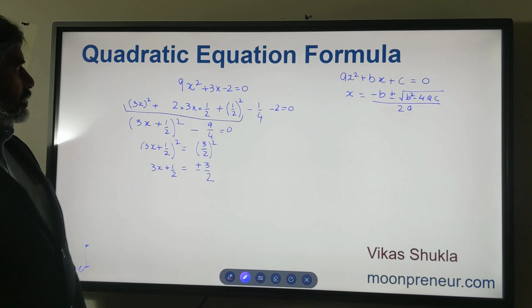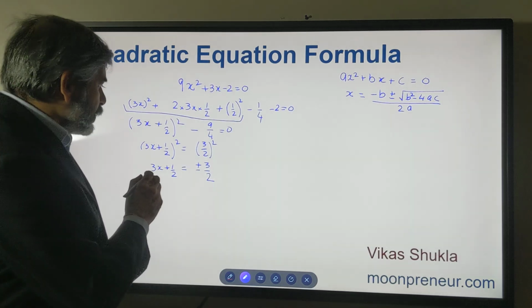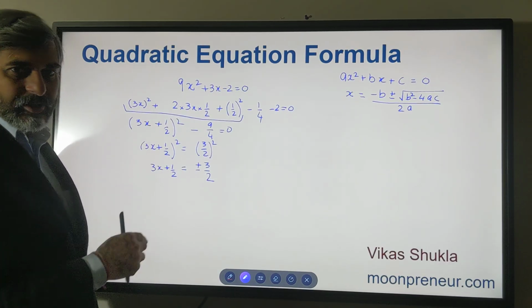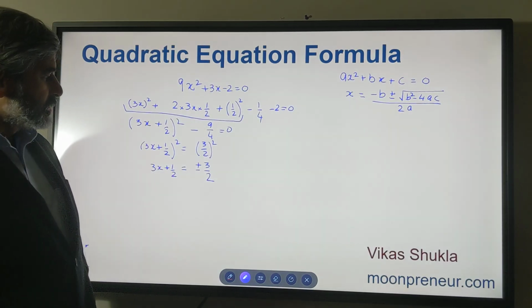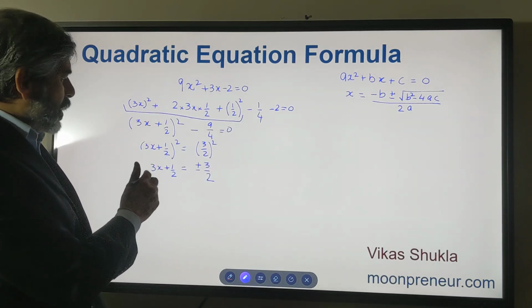So I have two solutions, and I'm not going to go into the details of those two individual solutions. You can always find them by taking one as the positive value.